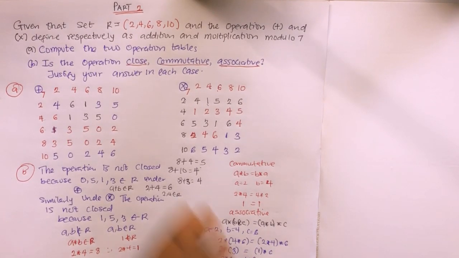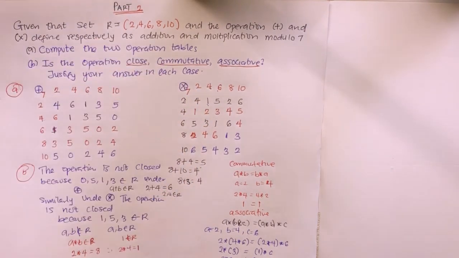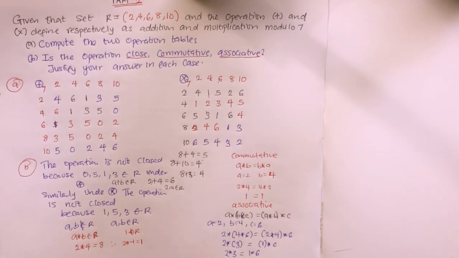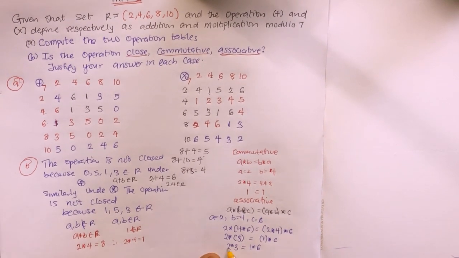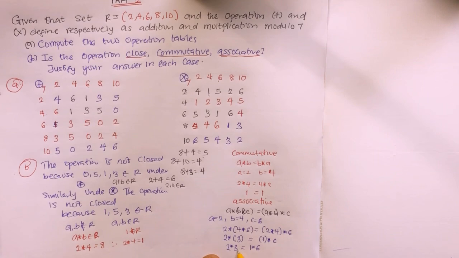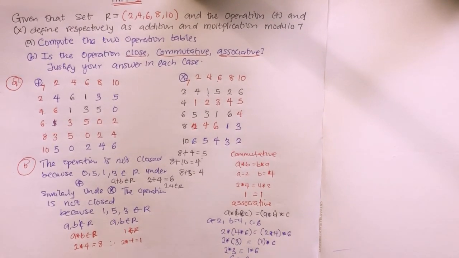Since we don't have any element that represents our 3 here, and we don't have any element that represents our 1 here, you can just do the multiplication. 2 star 3 is 6, equals 6. That means the operation is associative, because this is equal to 6.